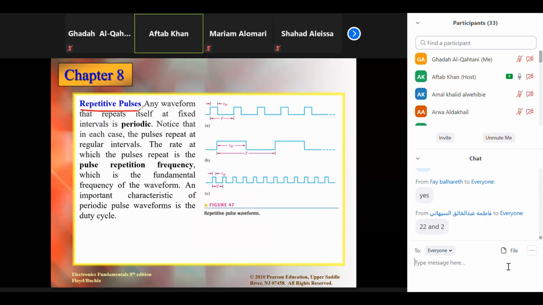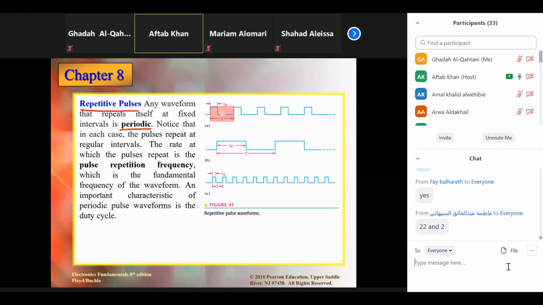What is a repetitive pulse? Repetitive pulse means periodic, which keeps on repeating itself. So any waveform that repeats itself at a fixed interval is called periodic. If you focus on this waveform, look from this point to this point. Can you see it?